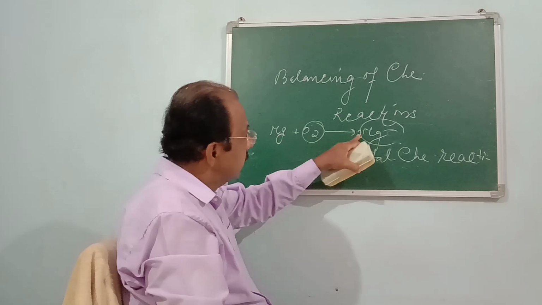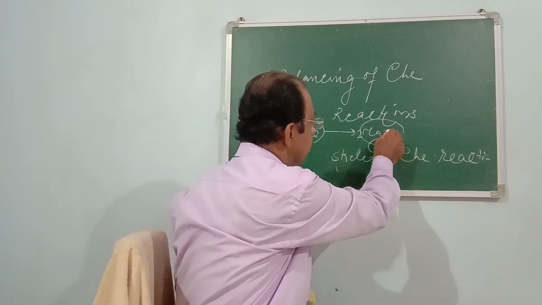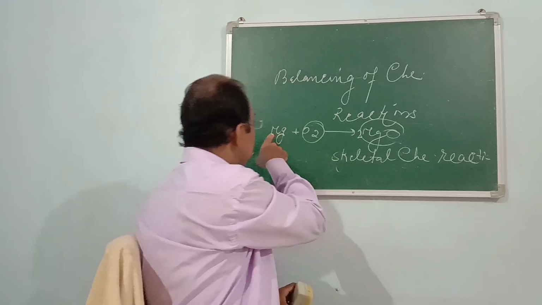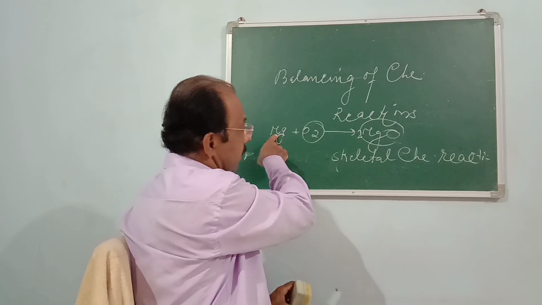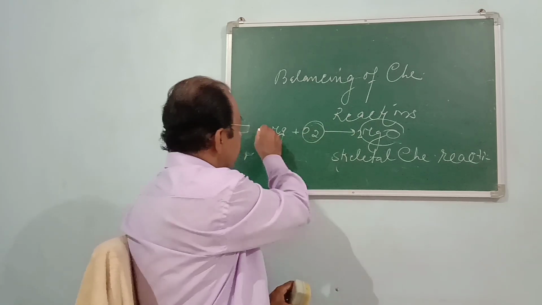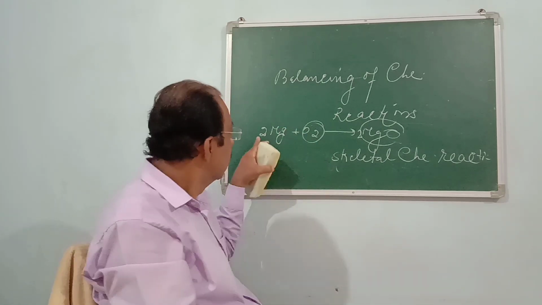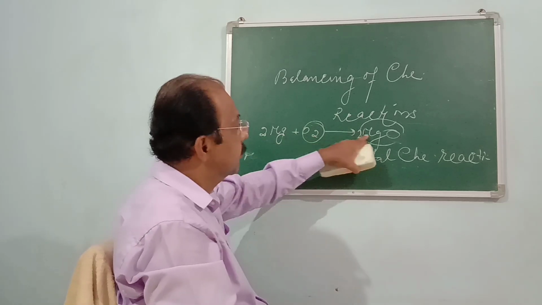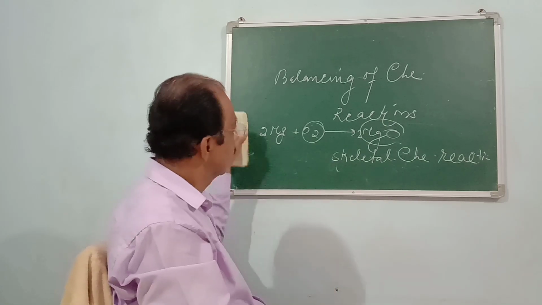So, magnesium oxide is now balanced, and oxygen is balanced by putting 2. By doing so, we unbalance magnesium on the reactant side. Therefore, to balance that, we put 2 as a coefficient or a multiple number. So, the reaction now is balanced. 2 Mg plus O2 gives 2 MgO. It's a balanced chemical reaction.